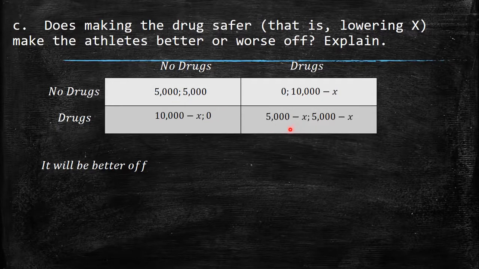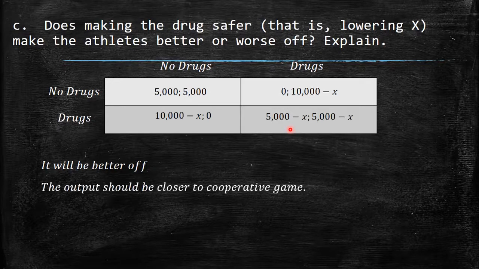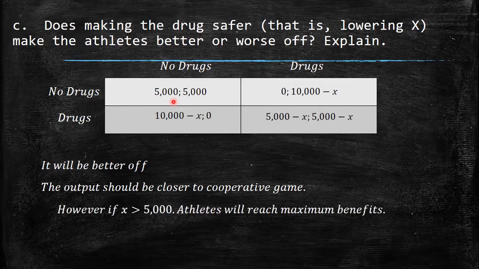Compared with the 5,000, obviously it's better in this situation, but it's pretty close. So this is the first situation. But I analyzed that if x is high enough, as we saw in the previous exercise, for example, x higher than 5,000, then you will prefer no drugs. So that's my point. First, definitely they will be better off. But if x is higher than 5,000, athletes will reach the maximum benefit, that should be 5,000.